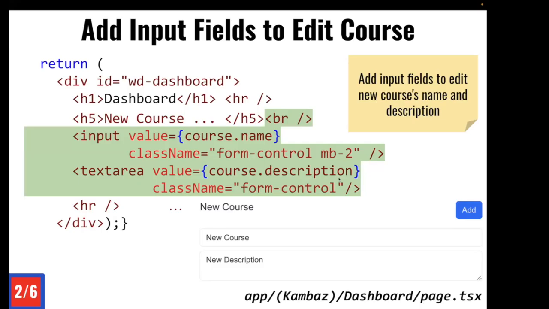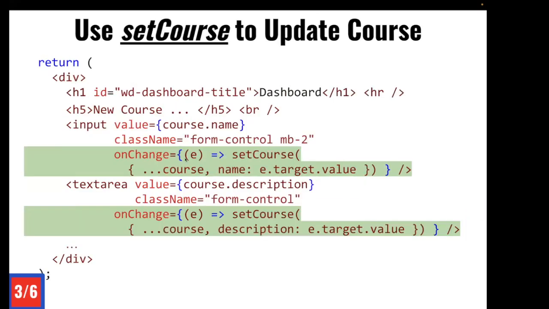So these input field and text area are initialized with the values of the course name and course description. If we want to be able to type and change these values, we'll need to add some onChange event handlers that use the setCourse to update the name or description of the course. Notice that we're using the familiar strategy of computing a new course based on the old course. So this is the new course.